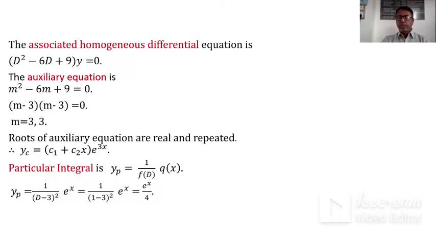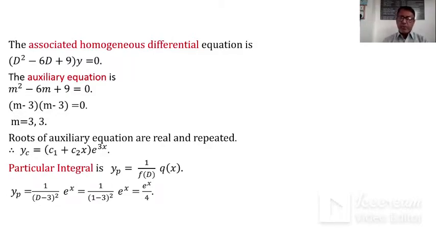Therefore, the complementary function yc is equal to bracket c1 plus c2 x bracket complete e to the power 3x. Now to find the particular integral, we take yp is equal to 1 upon f of D operating on Q of x. Here yp is equal to 1 upon (D minus 3) square, operating on e to the power x.